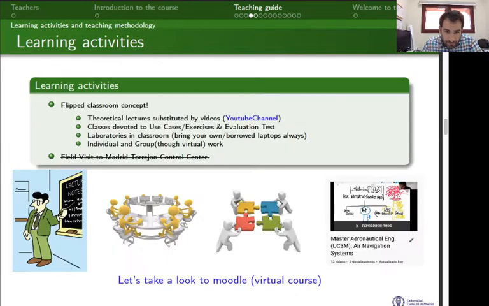As for learning activities, the idea is that we're going to go for a flipped classroom concept, which might be new to maybe many of you, maybe not, I don't know. Given the situation, I do consider this type of teaching the best one, because it's flexible enough to allow people who might be ill with the virus or just confined at home to follow the lectures in a good way.